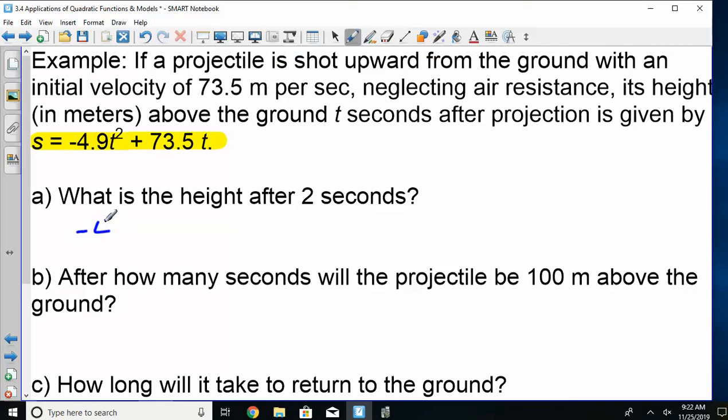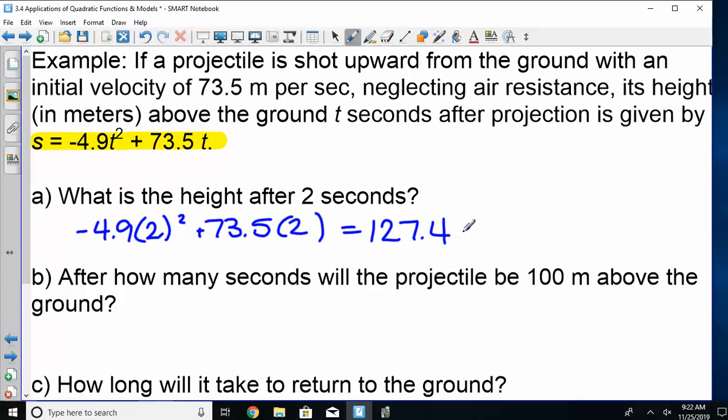Plug in 2. So that means my height is 127.4 meters.